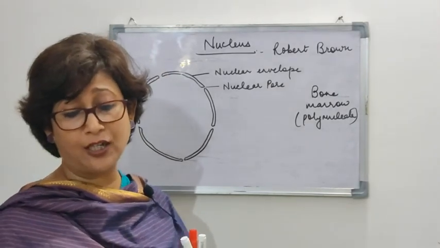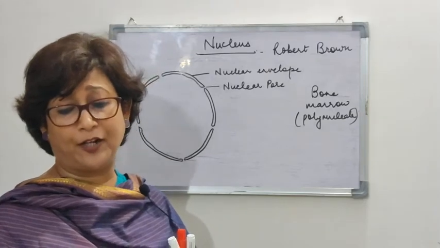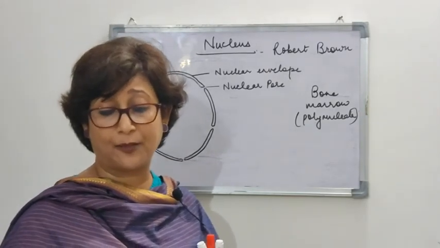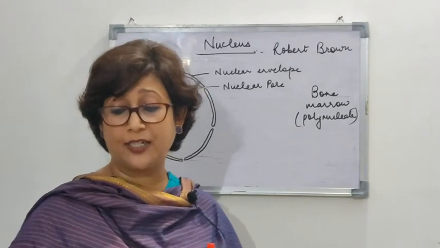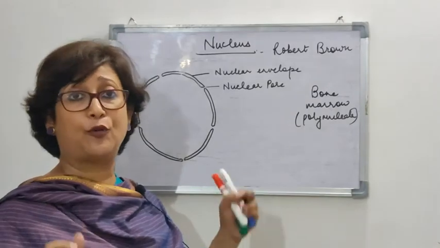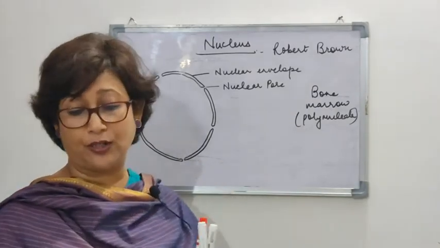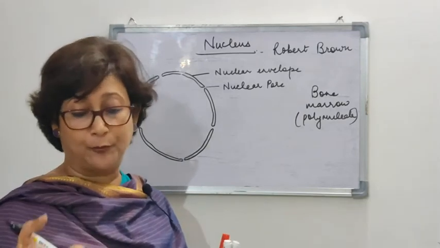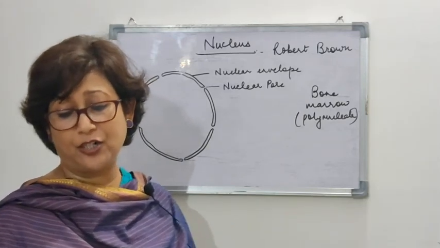So it is pushed towards the periphery. Nucleus is peripheral in fat storing cells also, that is the adipose cells, and it is basal in the glandular cells, right? But basically it is found in the central position, right? The shape also may be rounded, may be elliptical, right? So those are the different shapes.